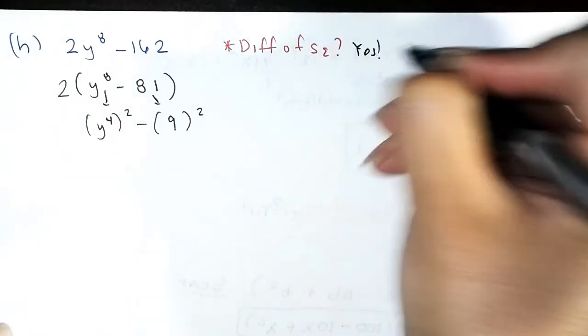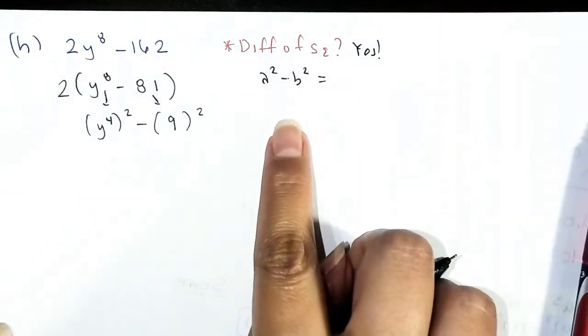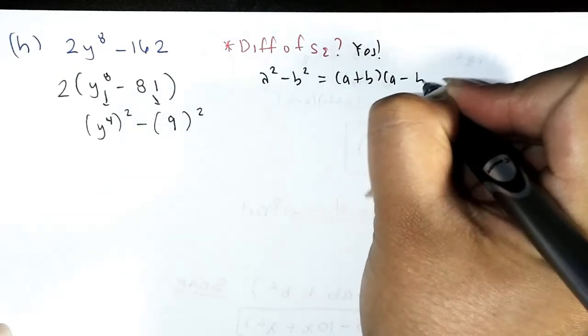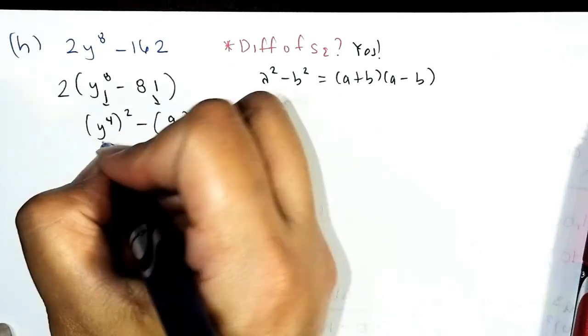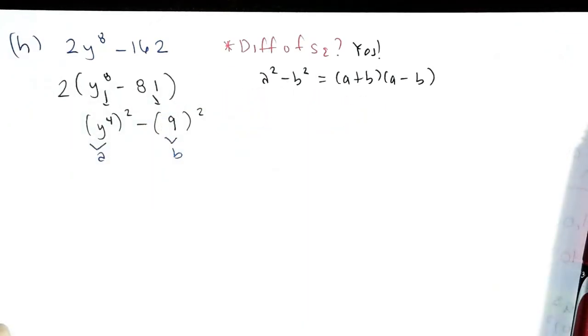We sure do. So friendly reminder, if we have difference of squares, this will be your answer: a plus b times a minus b. The first base is y to the 4th, so that's our a. The second base is 9, so that's our b.